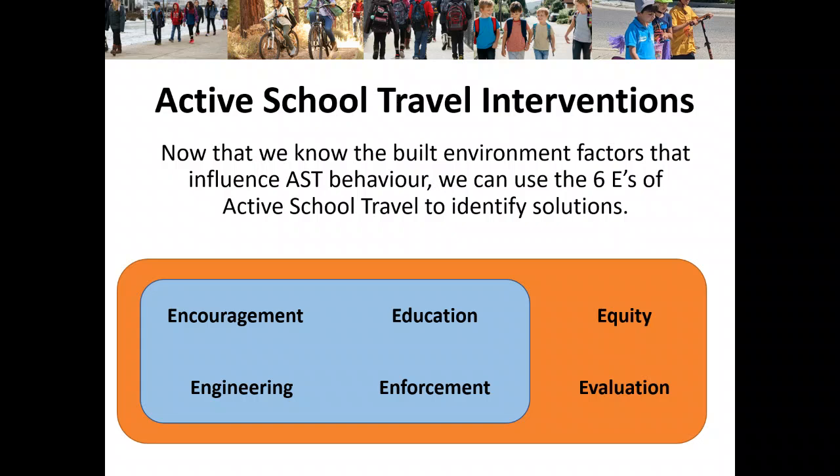Even kids on the bus who can't participate in an active school travel project because they're taking the bus every day. How do we engage them? Whether that's walking around the field when they get to school, whether that's encouraging them to walk to the bus stop, which continues to be an issue in some communities. All those come up as pieces of that equity lens that we want to take on our work.